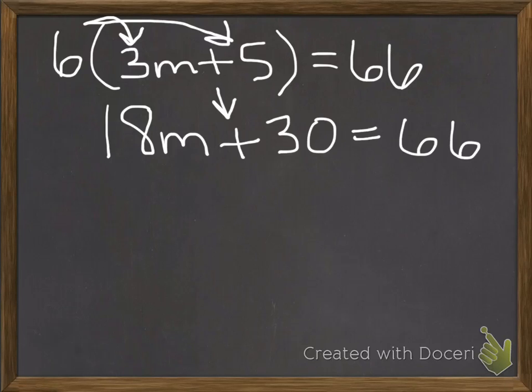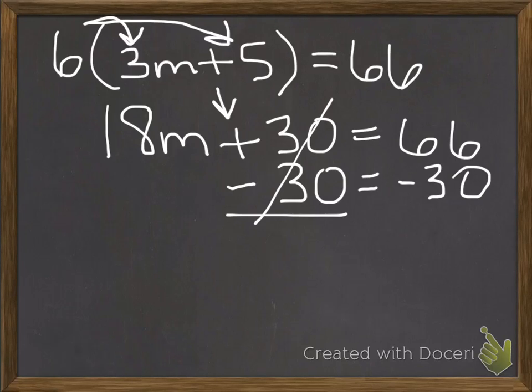Once again, we're back to a two-step equation. We have a tail attached to our variable, and that's a plus 30. So how do we get rid of it? Subtract 30 from each side. So these cancel out, and you're left with 18m on the left side.